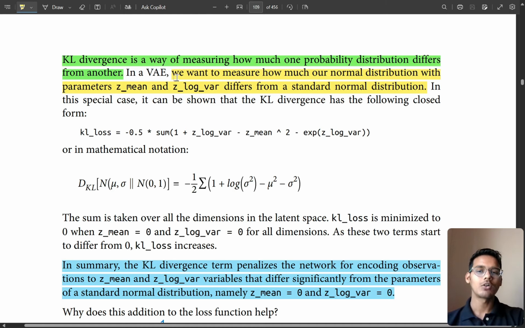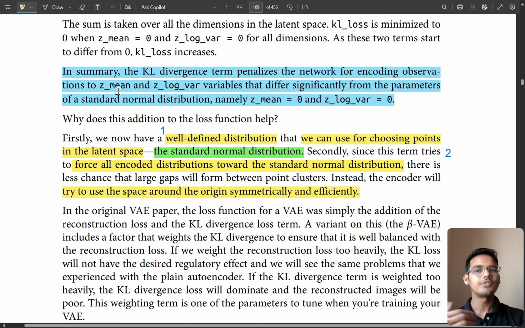So in a variational autoencoder, we want to measure how much a normal distribution with the parameters z_mean and z_log_var differs from the standard normal distribution. You can have a look at these formulas. They seem very lengthy, but they are not. But first we'll see the summary of what this is saying.